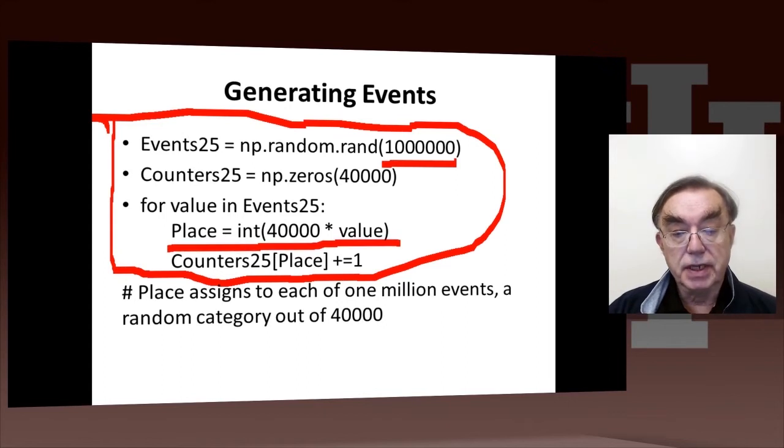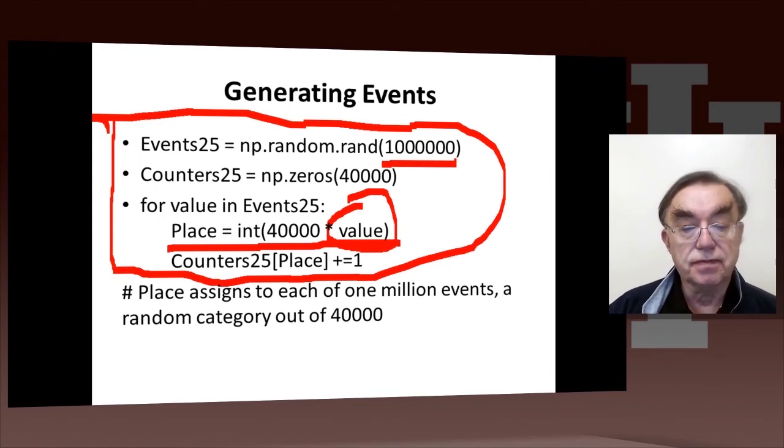We take the number between 0 and 1, multiply by 40,000. That gives us a number between 0 and 40,000, or 40,000 minus a little bit, because we'll never get the value 1. And then we make it into an integer, which runs between 0 and 39999.